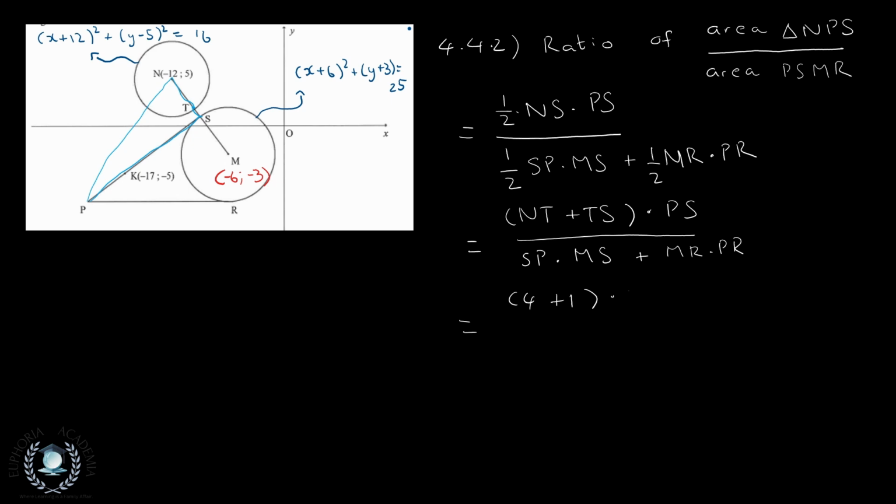SP is also 15, multiplied by MS, 5, plus MR, which is also 5, multiplied by PR of 15. Now, if you enter that into your calculator, you don't have to give yourself a headache, you will see that our final ratio is half.